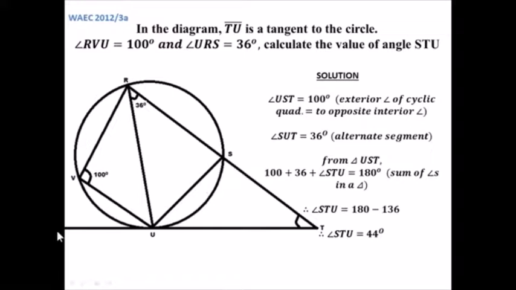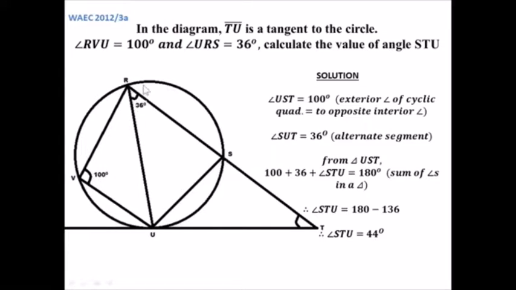Also, since this line here is a line of tangent, and this line US is a chord, and it's touching this tangent at this point. So if you look at this chord US, look at this chord that is joined to it. This UR is joined to this chord, and this chord SR is also joined to this chord. They now meet at this R here.